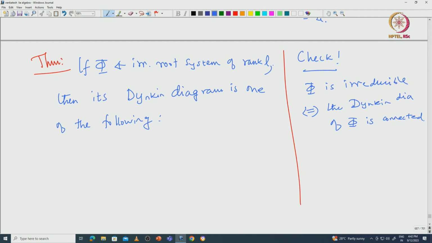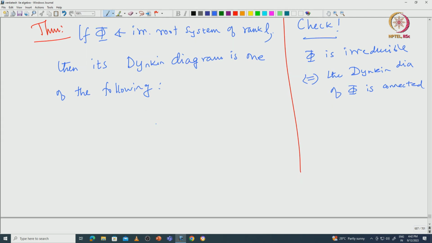So, what are all the possibilities? The very first type is called AL, where L is greater than or equal to 1. This is just this path, 1 2 3 up to L minus 1, L. So this is the diagram.